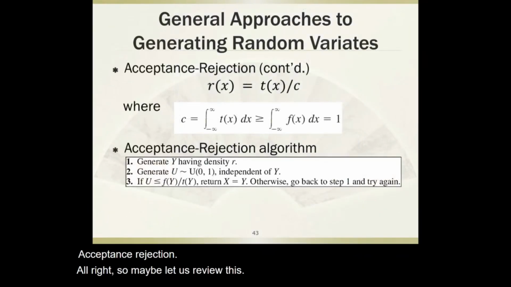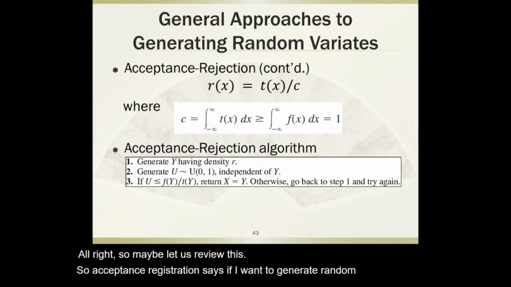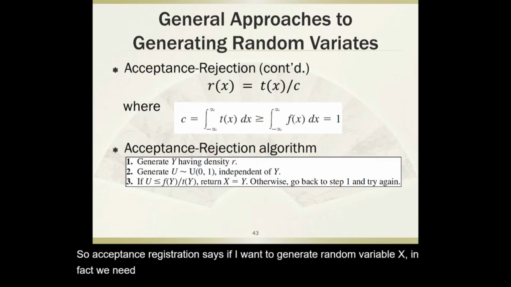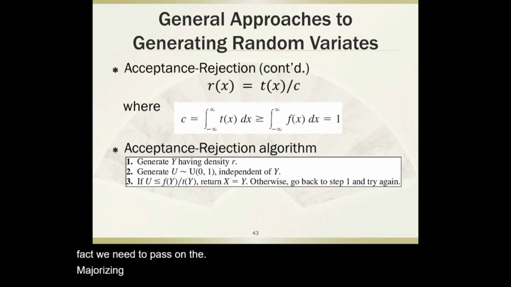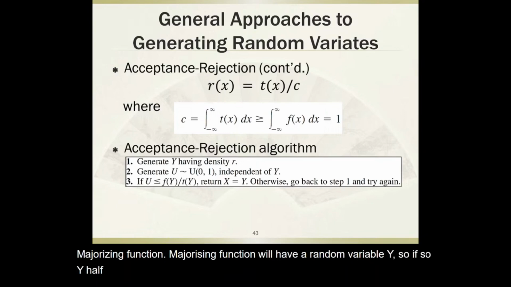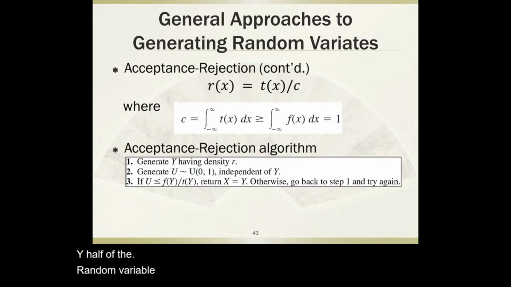So acceptance rejection says, if I want to generate random variable X, in fact, we need to pass on the majorizing function. The majorizing function will have a random variable Y. So we will have the random variable Y first, following the density R coming from the majorizing function.